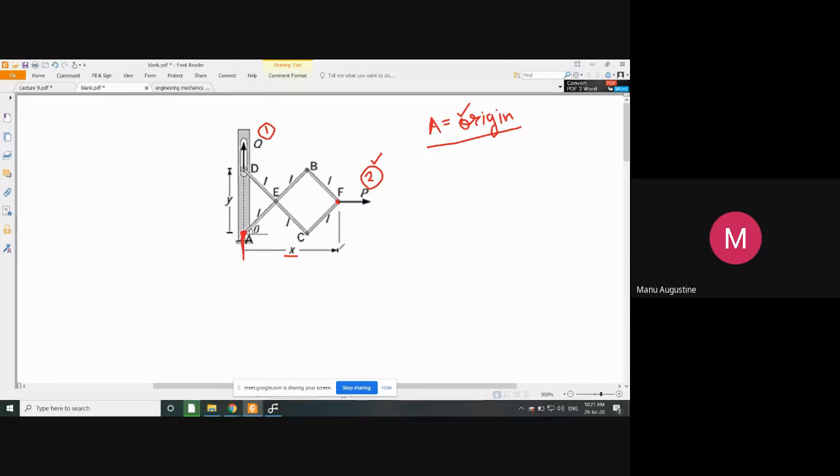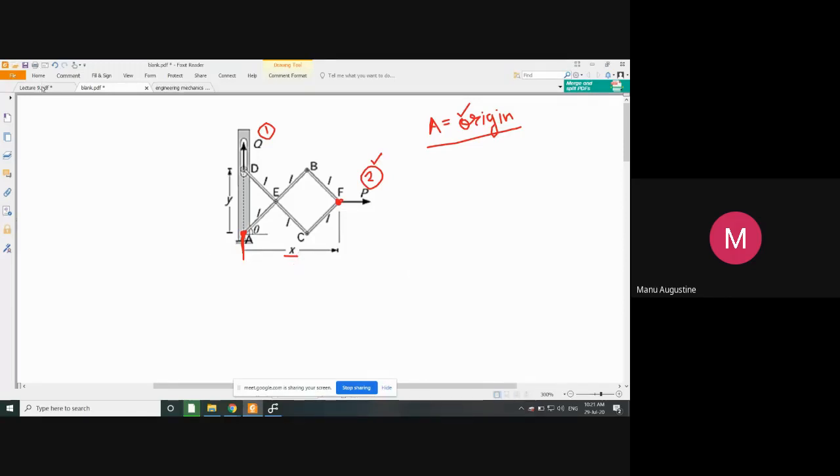Why am I measuring the distance from here to here? Because my horizontal force sits here. This is the location or the seat of my horizontal force. So I marked it as X. And I did not use x1 and x2. Why? Because since there is only one horizontal force, I don't need to use x1, x2. If I had more horizontal forces, I would have used x1, x2. But in this there is only one, so I use x.